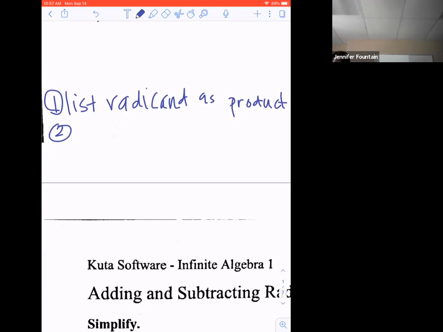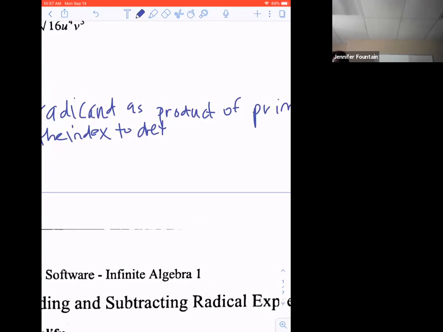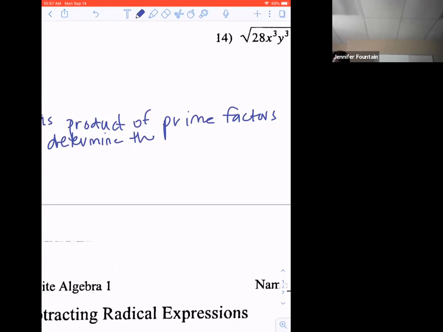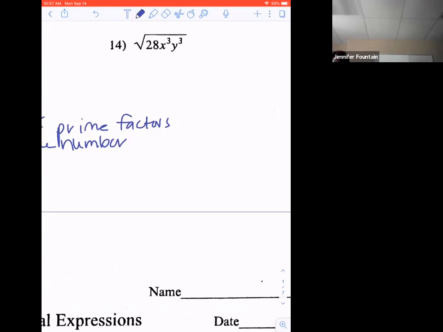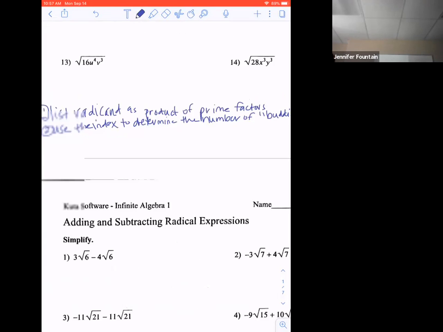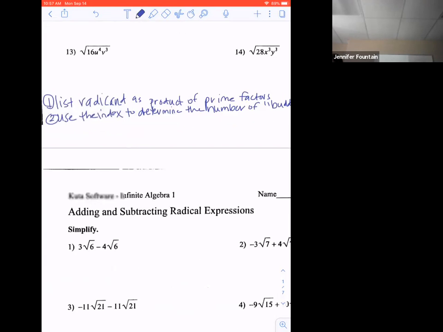So step 2 is going to be to use the index to determine the number of buddies. I'm going to put buddies in quotes because this is not a mathematical term. Okay, use the index to determine the number of buddies.